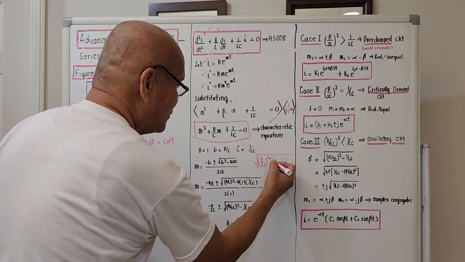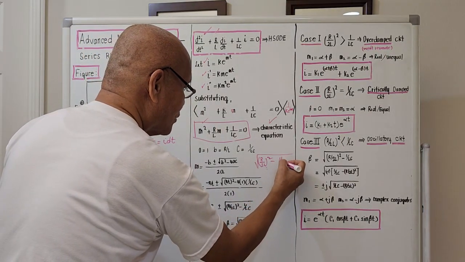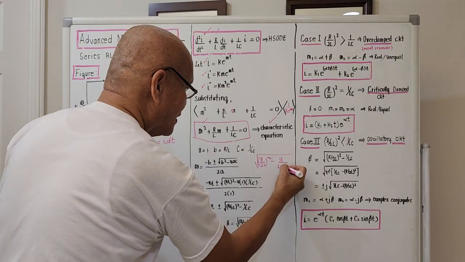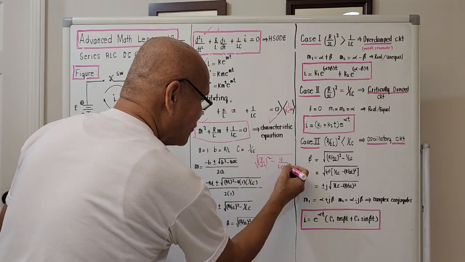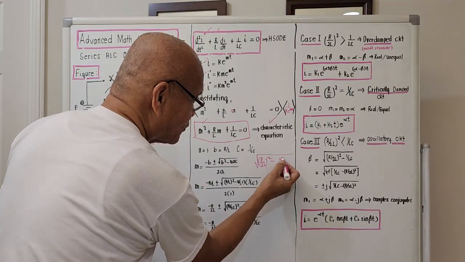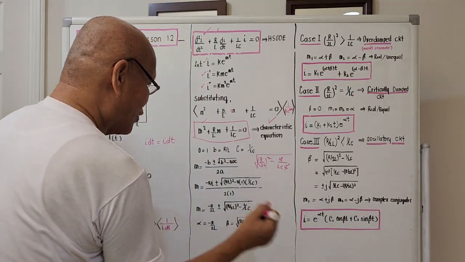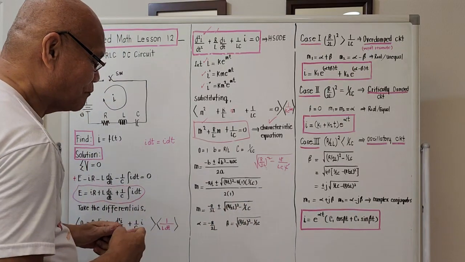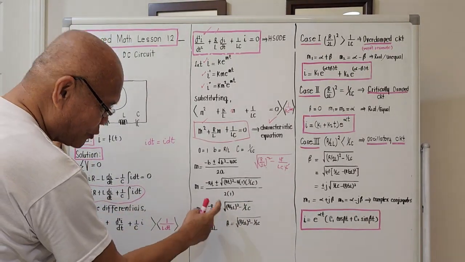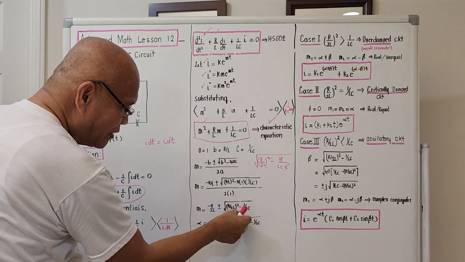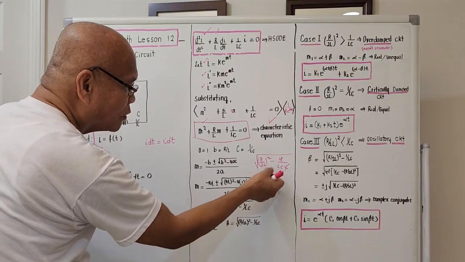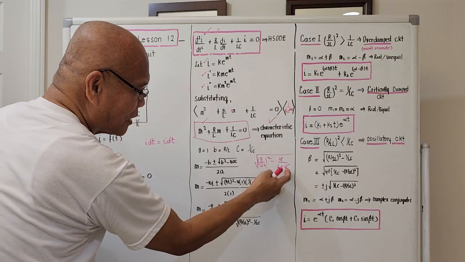And for the second part, this is minus 4 over LC. But we bring inside the 4, right? So there will be a 4 here. So this 4 here cancels with this. So what comes out inside will just be simply the square root of R over 2L quantity squared minus the ratio 1 over LC. No more 4 here because the 4 cancels.